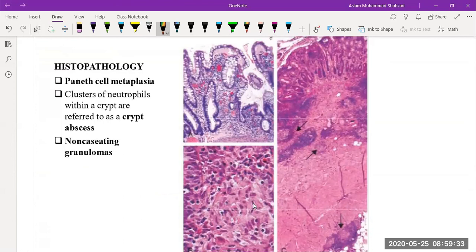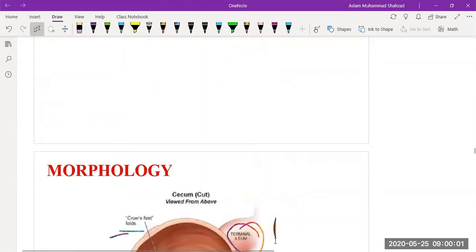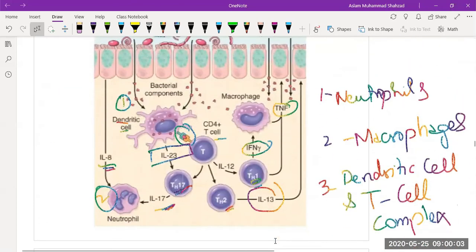When we discuss the histopathology, there is Paneth cell metaplasia, and a cluster of neutrophils within a crypt, referred to as a crypt abscess, and then we have non-caseating granuloma formation. So the main thing is the metaplasia of the Paneth cells and the formation of the crypt abscess because of the presence of neutrophils. If we take a look at our pathogenesis, we already discussed the excessive production of neutrophils.